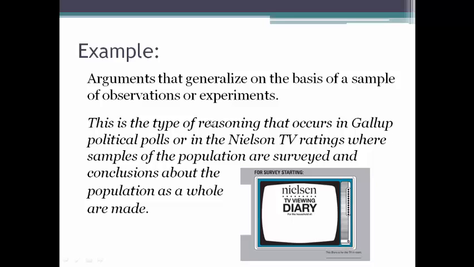But, and we'll talk about this later, if you get the right kind of sample, you can have a good inductive argument to make a generalization about the population as a whole. But of course, even when the sample's good, there's a certain fallibility, a certain chance of error that the information you have about the sample won't appropriately map onto the information you have about the population.